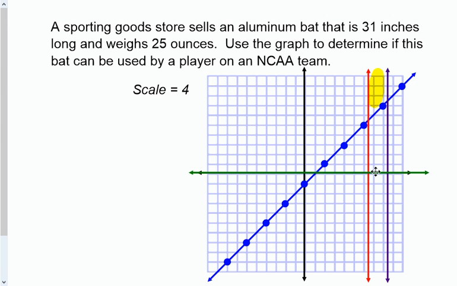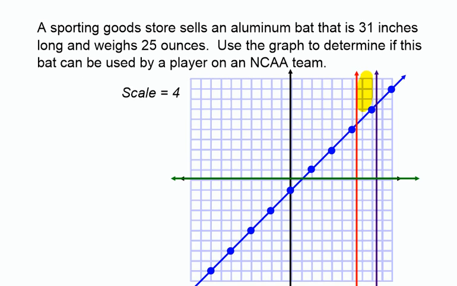So 31 would be right about here. And then we're going to go up 4, 8, 12, 16, 20, 24, 25. Ooh, it's going to be close. That's a little too close to tell based on the graph.